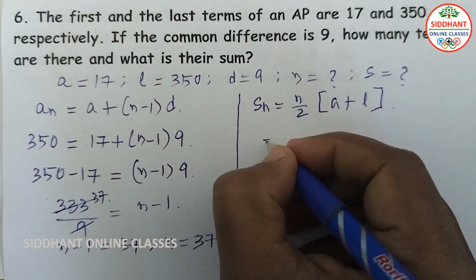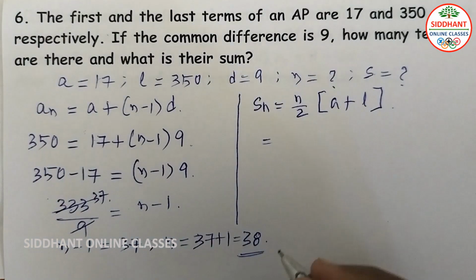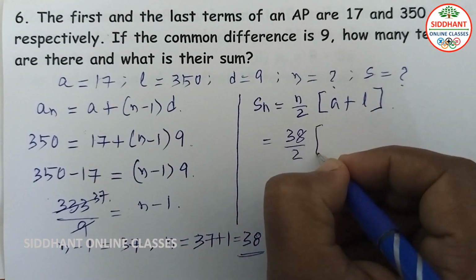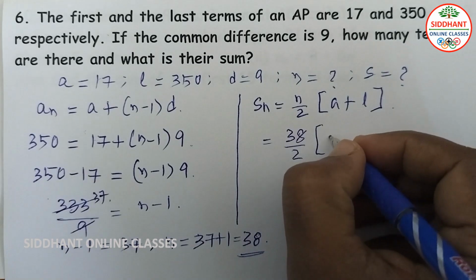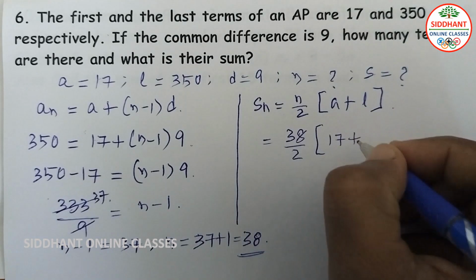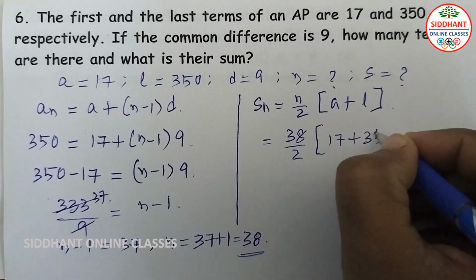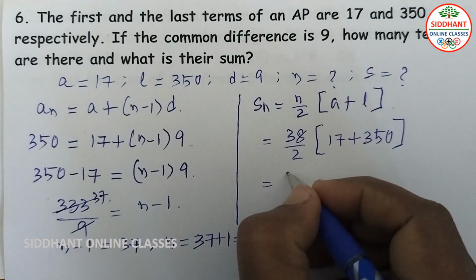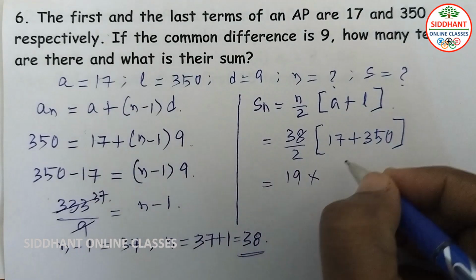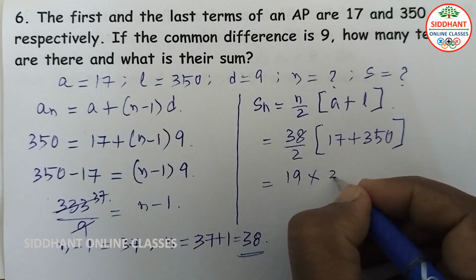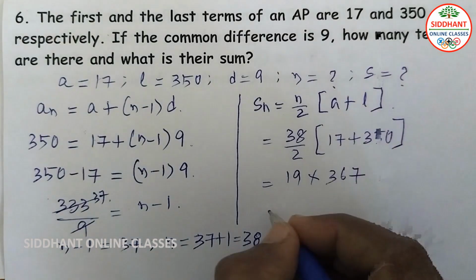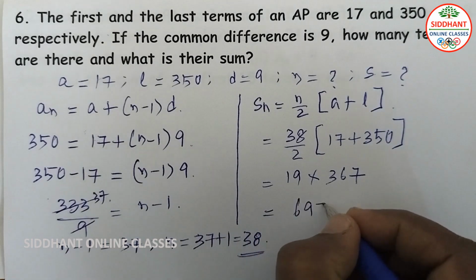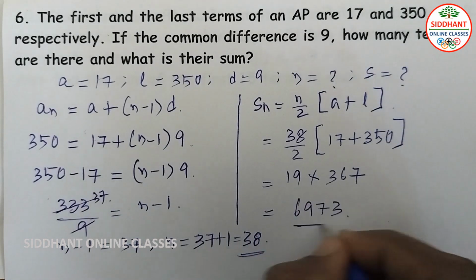So n, which we got 38 here, 38 by 2, a which is 17, and l which is 350 here. 38 by 2, that is 19, into 17 plus 350, which will be 367. 19 into 367, which is 6973 here.